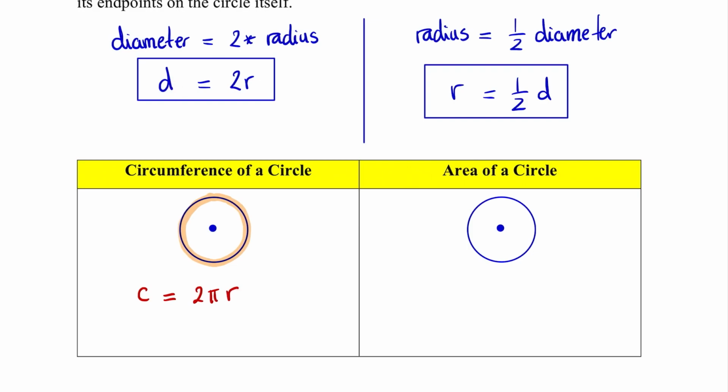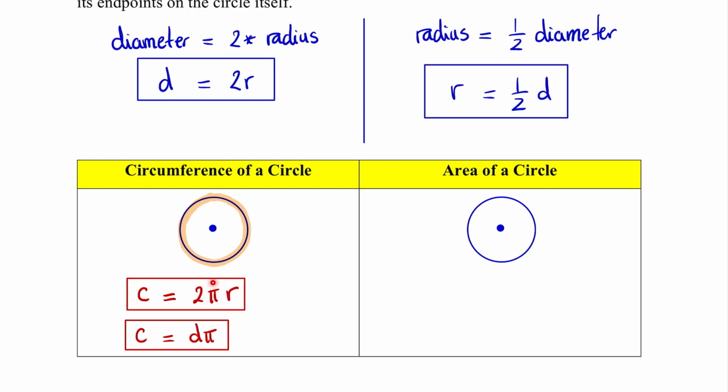So it could also be d pi, diameter times pi. These are both formulas for the circumference. If I have the radius, I'll use this formula. If I have a diameter, I'll use this formula.